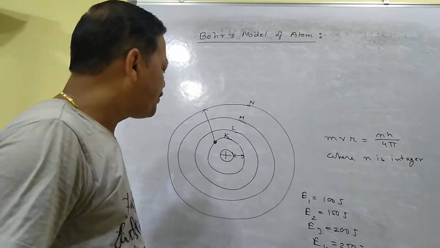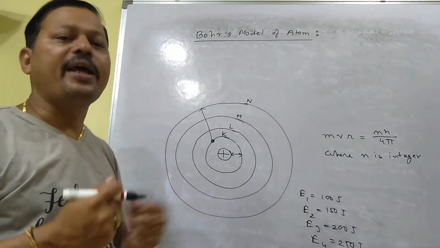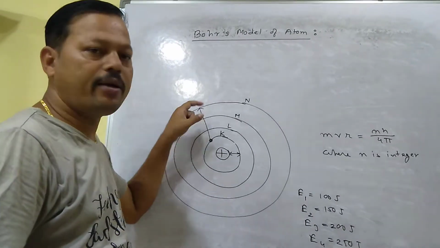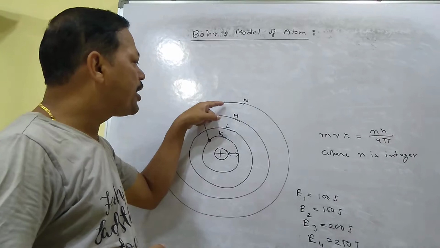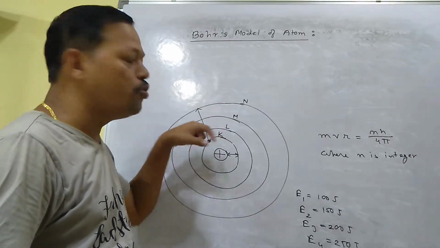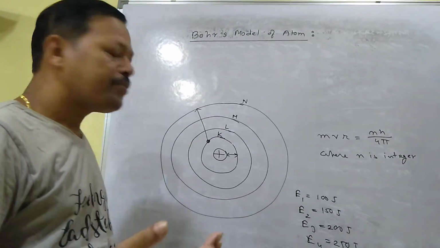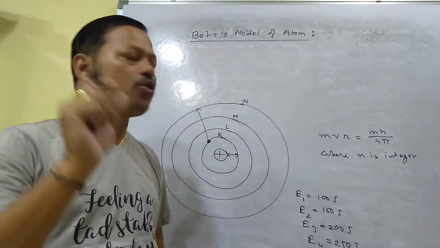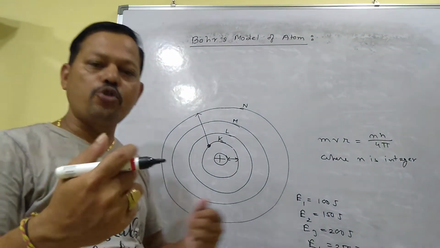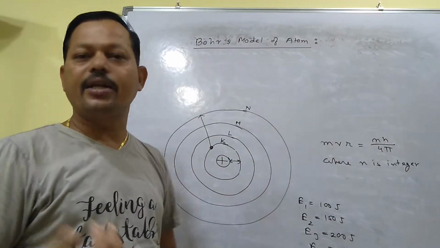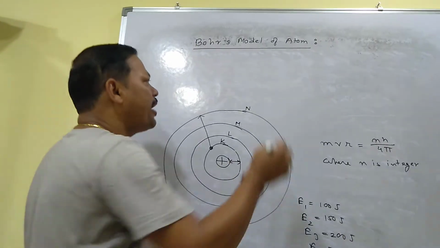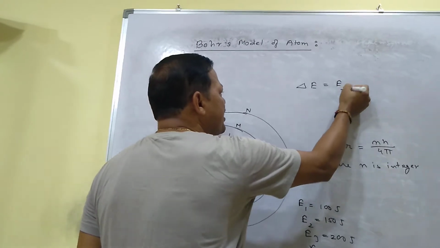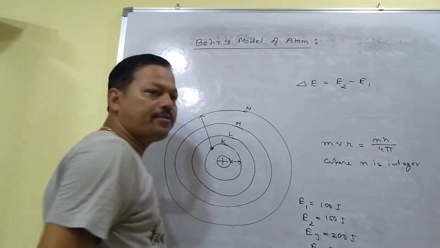And always remember, when the electron jumps from lower to higher, it will absorb energy, and when it comes back from higher to lower, it will emit the energy. The absorbed amount of energy and the emitted amount of energy is always the same. If it absorbs 100 joule of energy, it will emit 100 joule when it comes back. And that emitted or absorbed energy you can determine by using the relation delta E equals E2 minus E1.